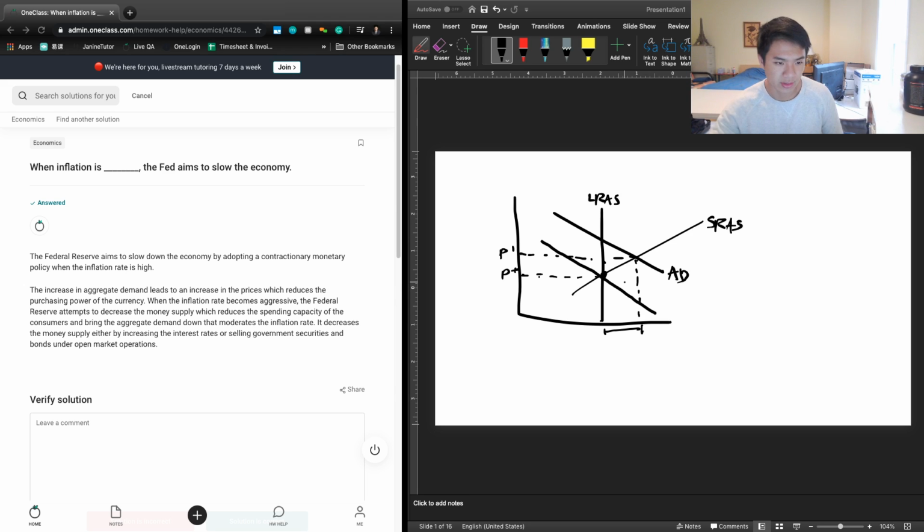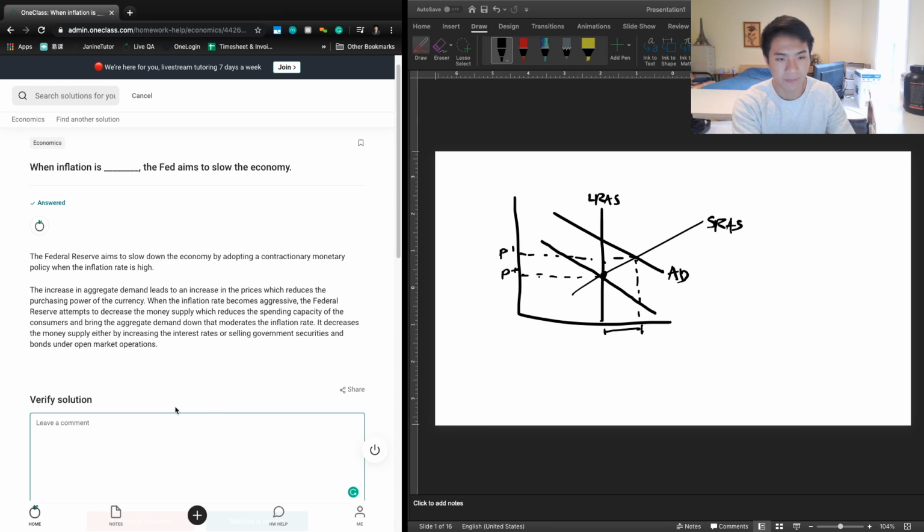So I think the previous tutor did a good job covering the essentials of what we see on the graph, and also explained a little about the entire process by which the Fed would go about trying to slow down the economy, or engaging in contractionary monetary policy. So that's really good. We're going to clarify that this can be seen on the aggregate demand-supply graph.